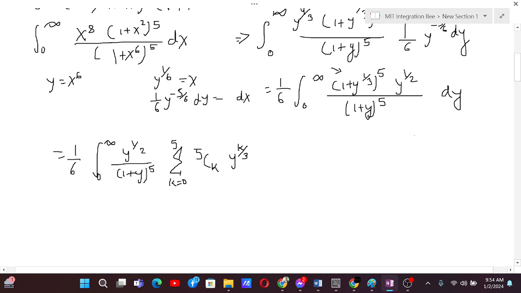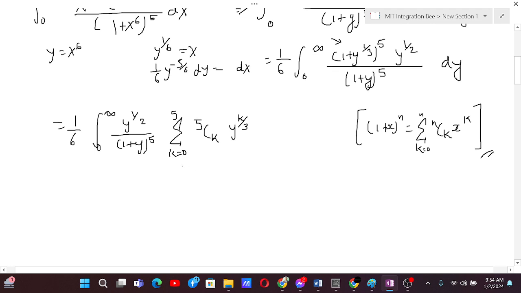This is basically the binomial formula, that is 1 plus x to the power n is equal to the sum from k equals 0 to n of n c k x to the power k. This is the binomial formula.